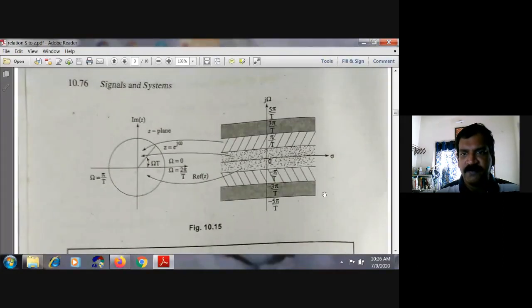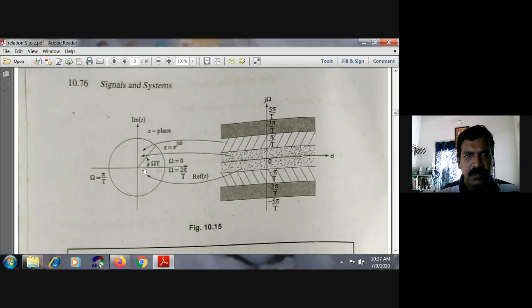In the case of the S domain, the right-hand side is the S domain representation. Here also we have a real part and an imaginary part. Depending on the value of s, we can mark different poles and zeros.